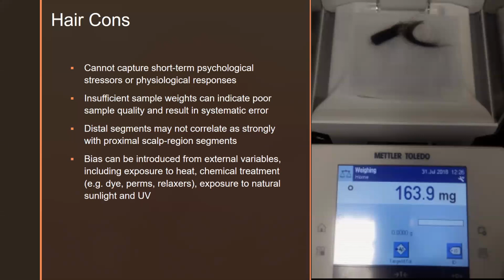Also, bias can be introduced from external variables. That includes exposure to heat, chemical treatments, dyes, perms, relaxers, natural sunlight, and UVs. This is one thing that I tell people: absolutely collect this data as control variables. Unlike with saliva and cortisol, salivary testosterone, and things of that sort, also blood, you want to make sure you're controlling for all of these different things.